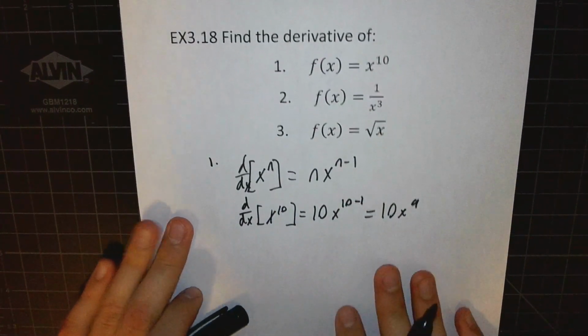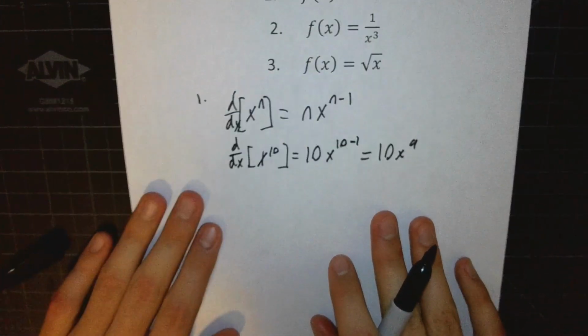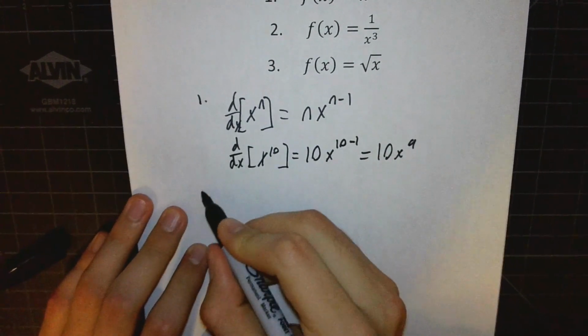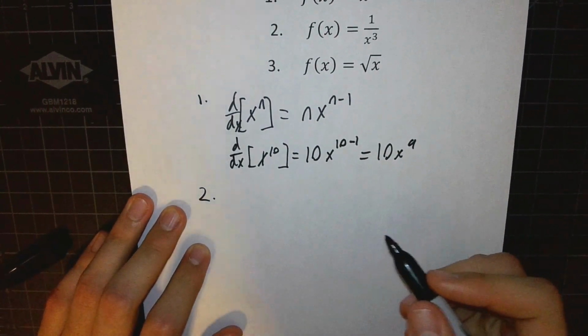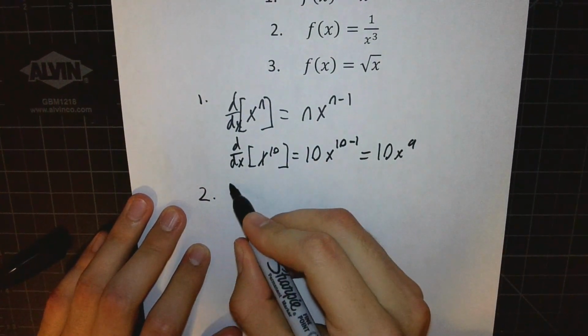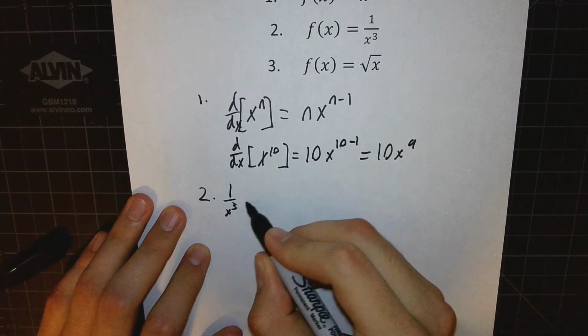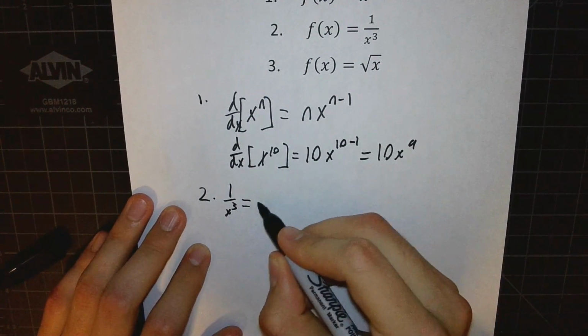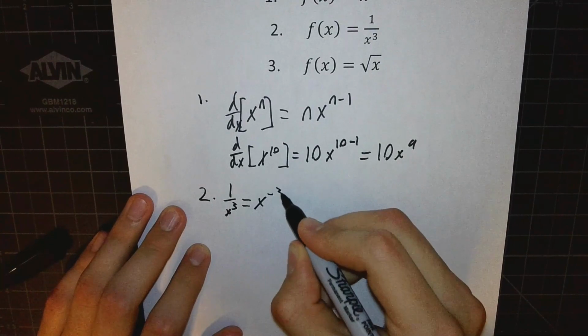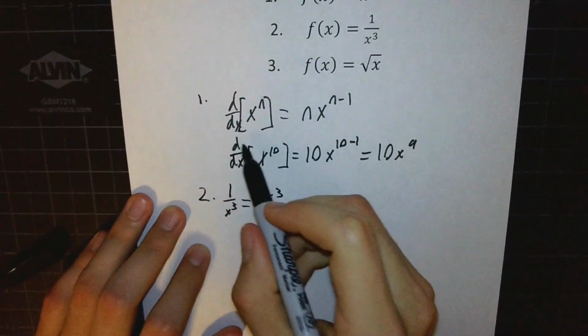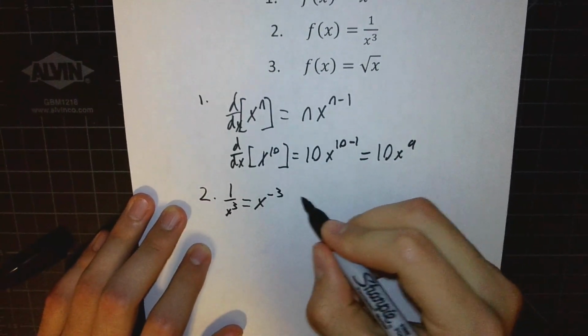Number 2, I'll move up here a little bit. This doesn't look like a power function immediately, right? But we know that 1 over x to the 3 can also be written as x to the negative 3. So then we can apply our rule again from up here.